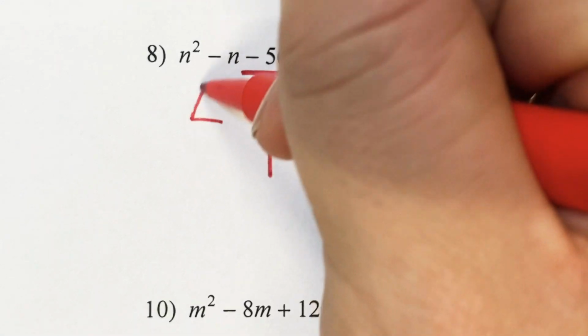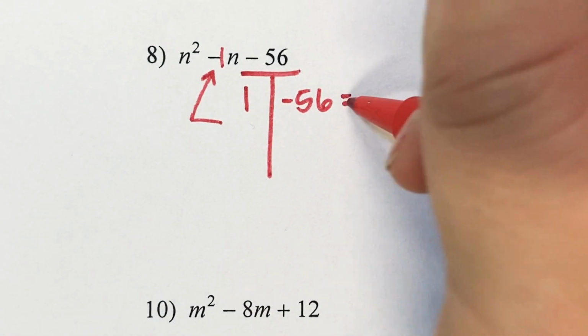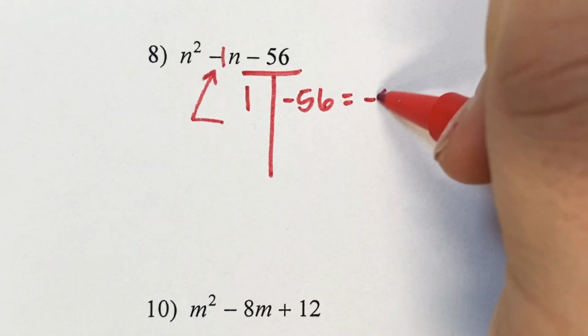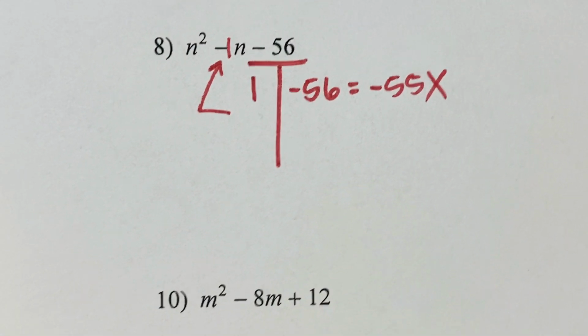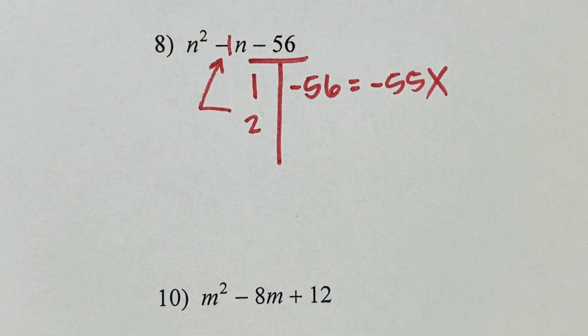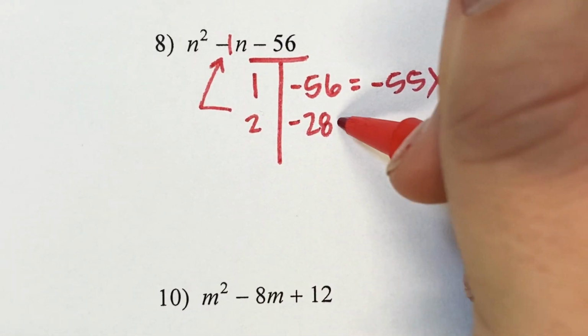We need these two numbers to add to negative 1. Well, 1 minus 56 is going to be negative 55. That's not even close, but let's keep trying. It's even, so 56 divided by 2: 2 times negative 28 will give me negative 56.